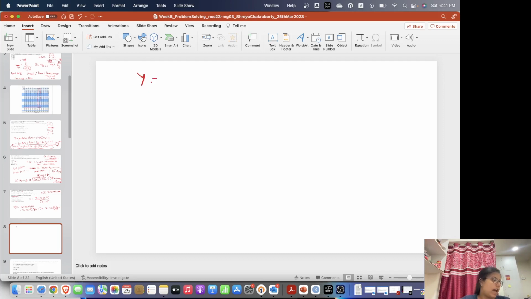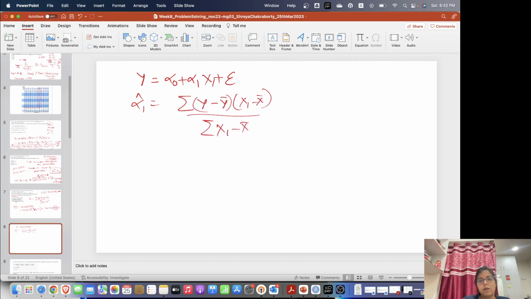So y we have here as alpha naught plus alpha 1 x1 plus epsilon. So alpha 1 hat, the sample estimate, will be summation of y minus y bar times x1 minus x1 bar, divided by summation of x1 minus x1 bar whole square.